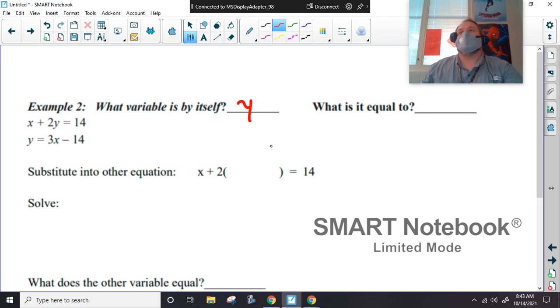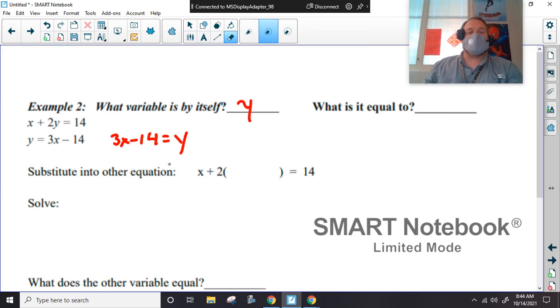Yes, sir. No, wait. Say that again. If it's like this, it's by itself. Now, this actually could be written like this. No, the reason X is not by itself is because it has all this gobbledygook with it right here.